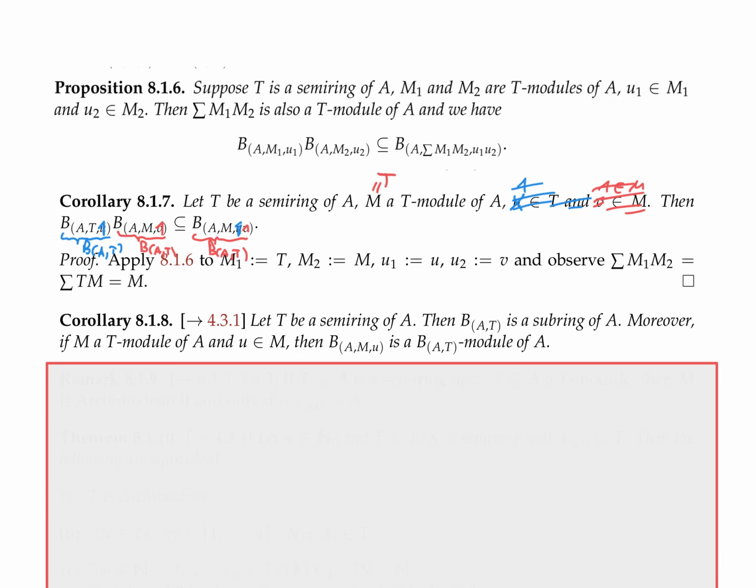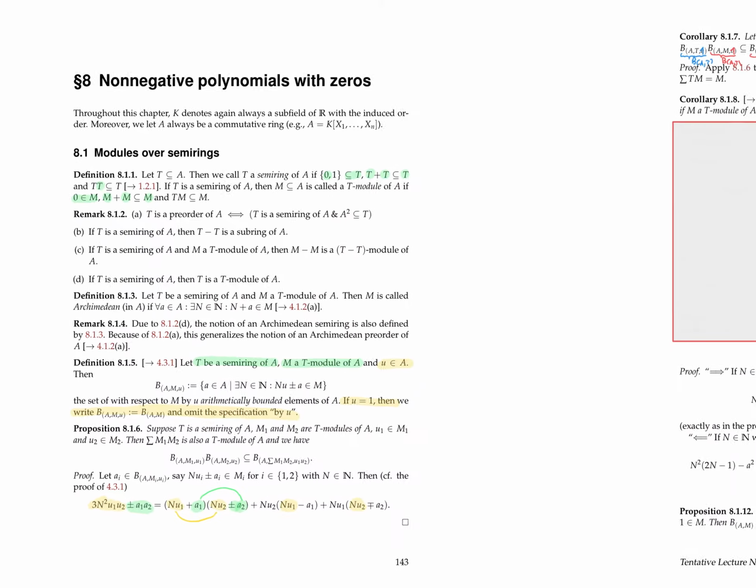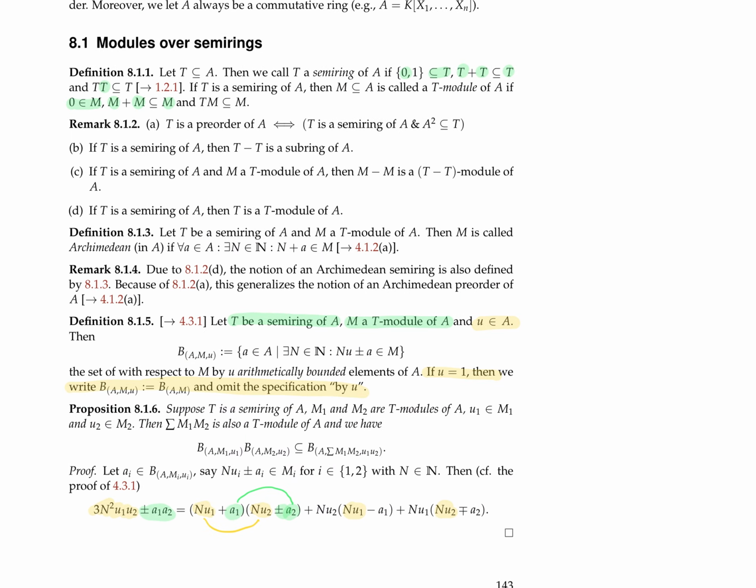Okay. And it's actually very, very easy to see that it's also closed under addition. Do this as a little exercise. That it contains 0, that it is closed under additive inverses.